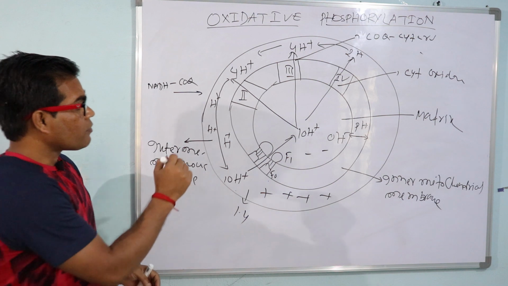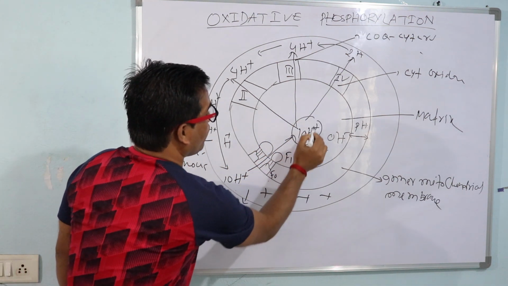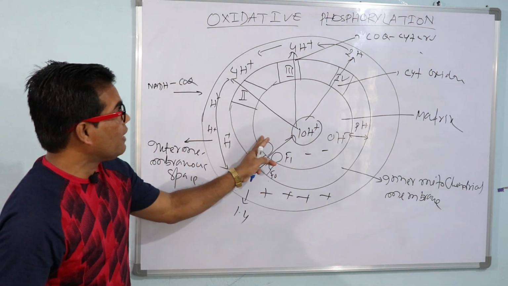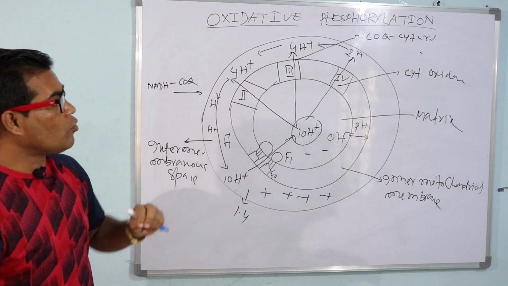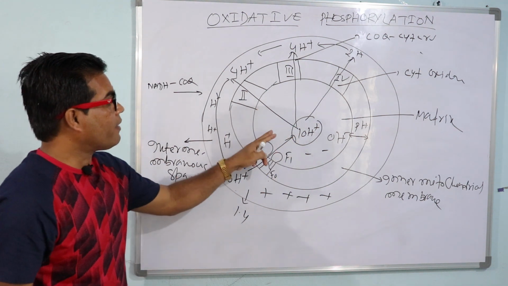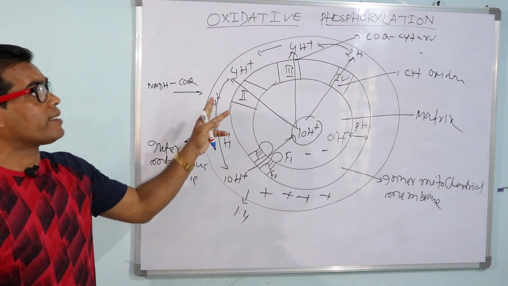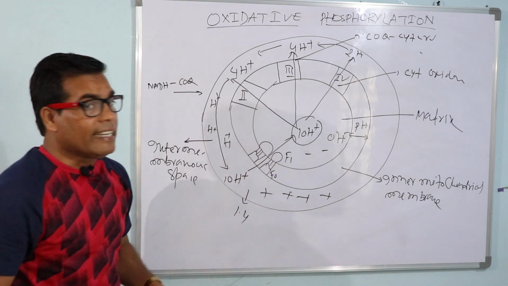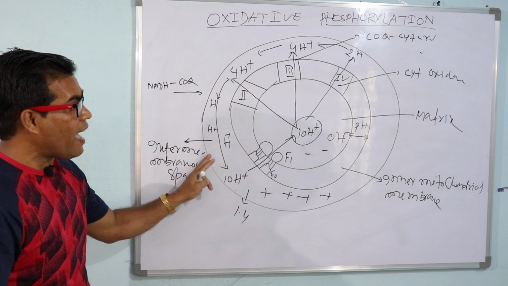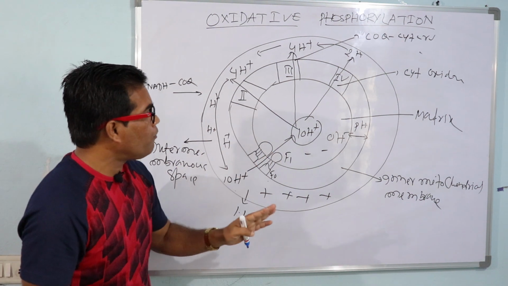Now when the hydrogen ions are pumped from the matrix to the intermembranous space, what will happen? The pumping of hydrogen ions from the matrix to the intermembranous space with the help of complex 2, complex 3 and complex 4 develops a potential difference between the intermembrane space and the matrix.